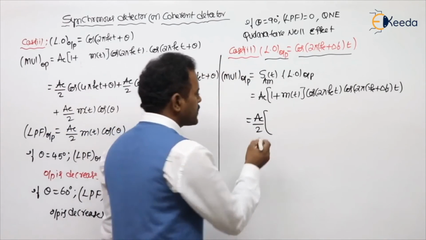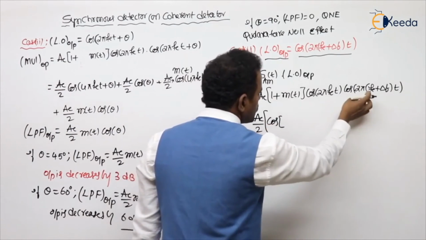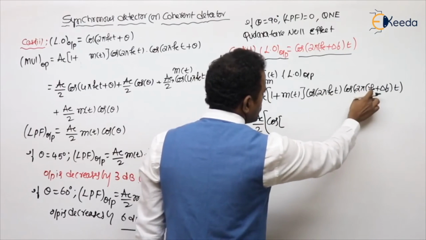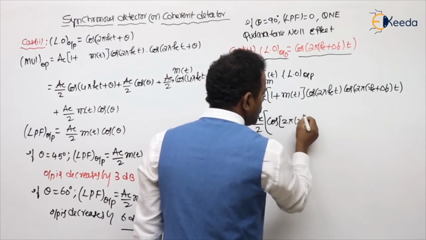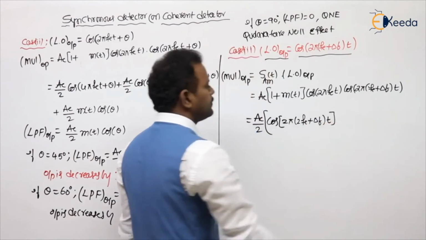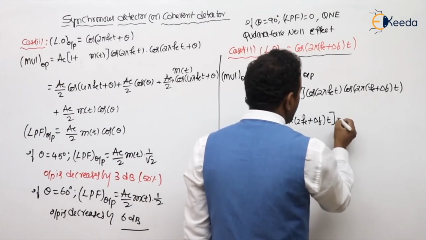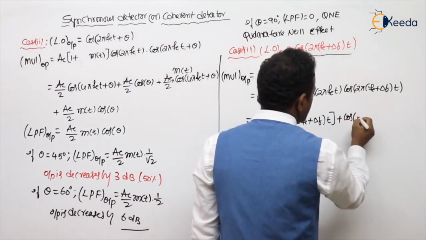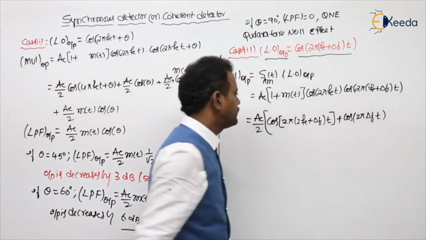What is cos (A plus B)? Adding these two, here 2fc, here also 2fc will come. So I can say cos 2 pi into (2fc plus delta f) t. For A minus B, the 2 pi fct terms cancel, and then you will get plus cos 2 pi into delta f t.